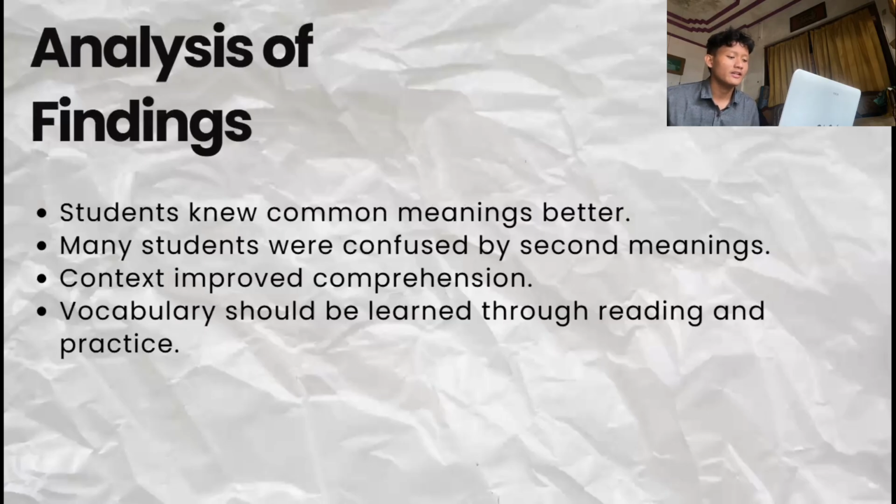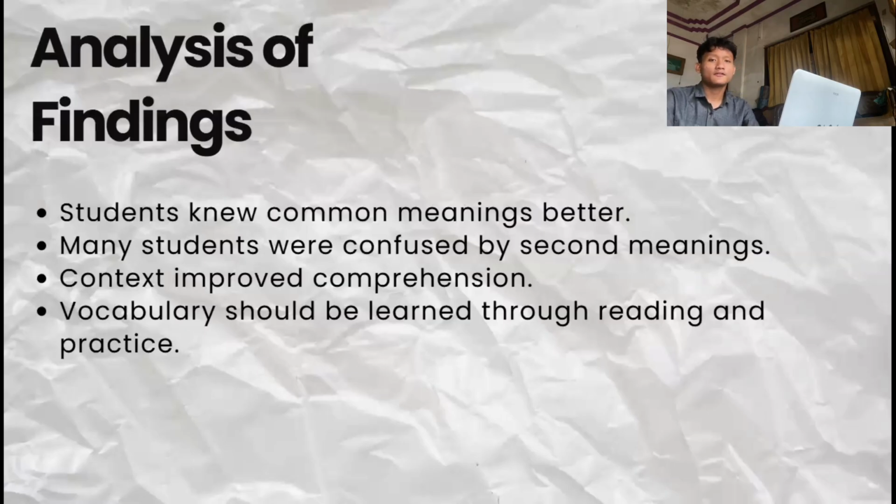Another important finding is that context plays a very important role in understanding homographs. The researcher found that students achieved better results when the words were presented in complete sentences instead of being shown individually. This means that context helps learners identify the intended meaning of a word.